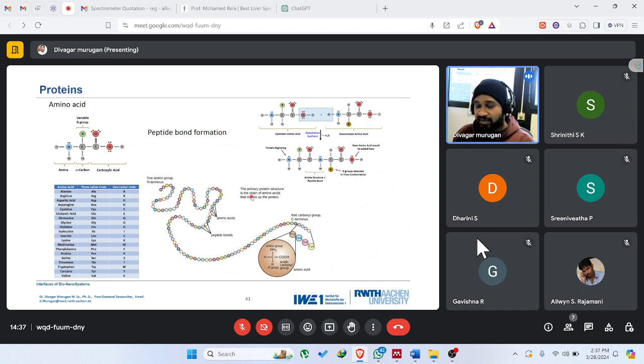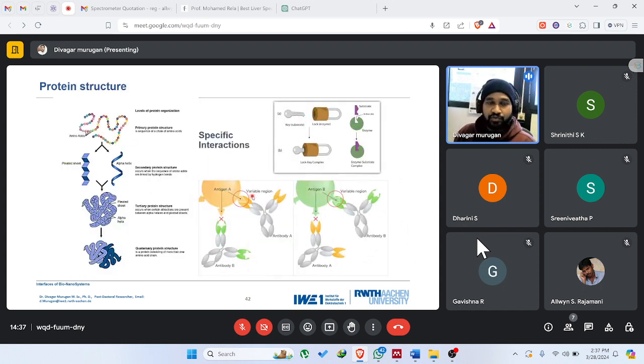This amino acid chain further undergoes structural modifications like secondary and tertiary structures. The secondary structures are beta sheets and alpha helix. Then these structures further fold to form a three-dimensional structure. The tertiary structure of a protein is known to be the active protein structure. With only the primary and secondary structure, the protein doesn't have any activity.